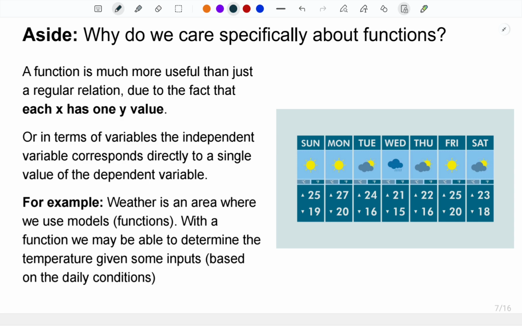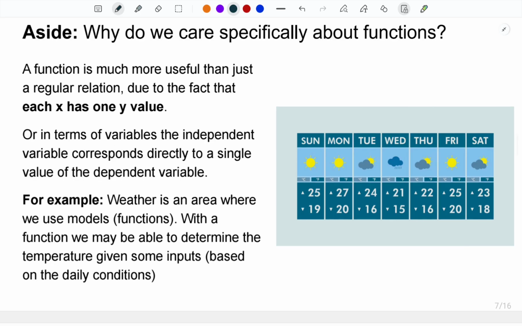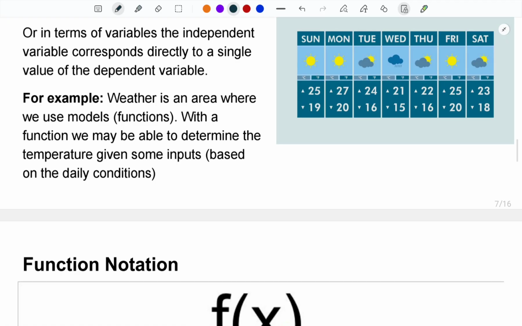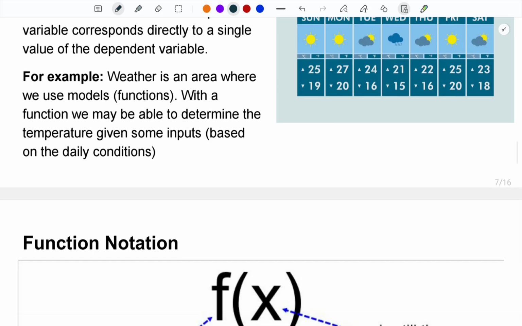Typically, you'll have the temperature high for the day and the temperature low. 2 different things, but there's only one single high for the day. There's only one single low temperature for the day. So each input has a single output. And there's all sorts of different areas where we want that kind of thing, a model where we put in some value and we get out a single value in the end.